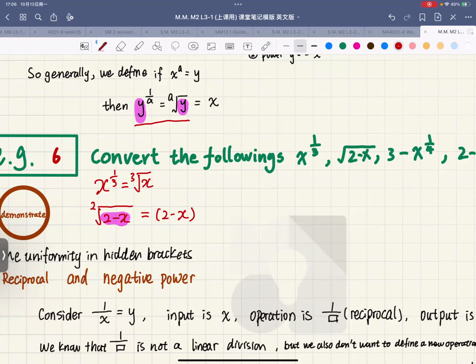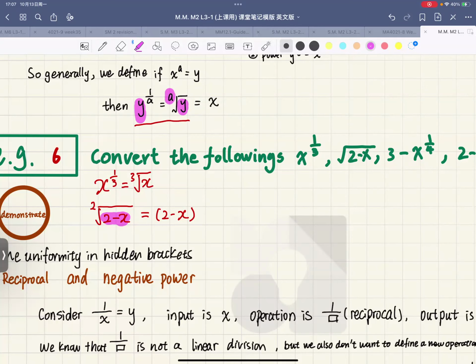So that's a, the root index. For this question a is equal to 3, but for this question a is equal to 2.